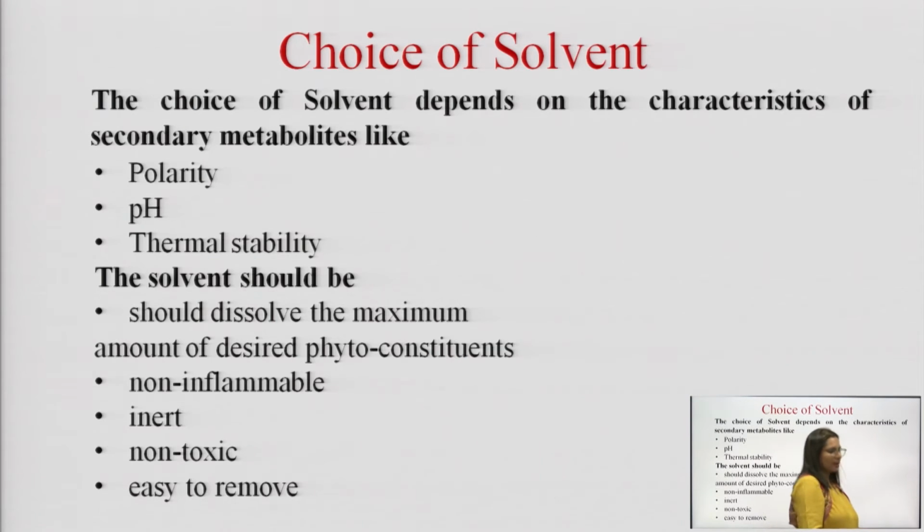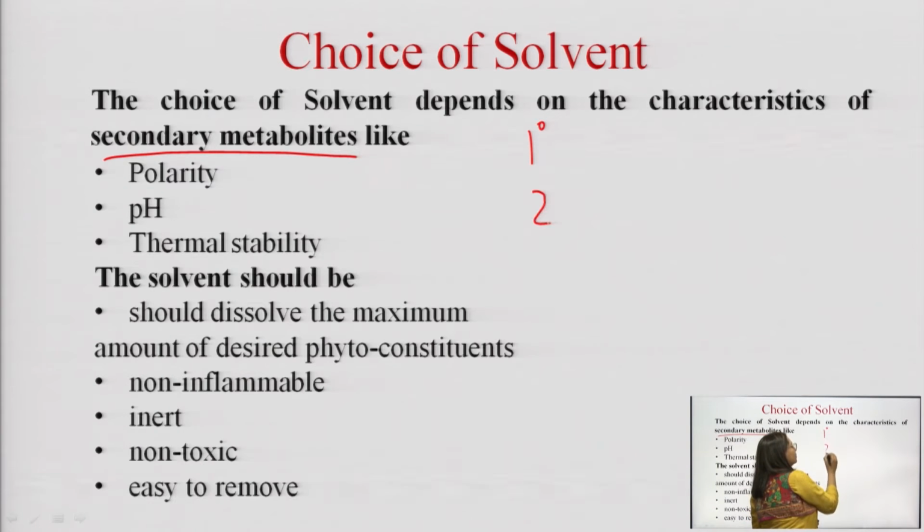So, these are the various purposes of the extraction procedure. Moving to the next slide, the choice of solvent has to be taken care of in the extraction system. The characteristic depends mainly on the metabolite. A metabolite is a substance which is generated biosynthetically in a plant body. This could be either a primary metabolite or a secondary metabolite.